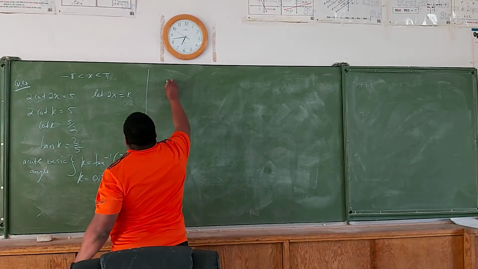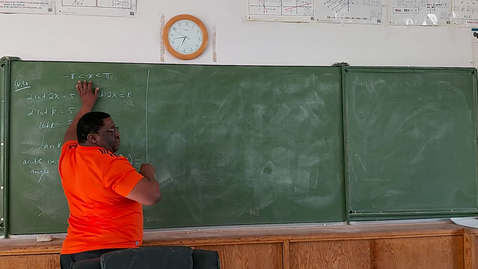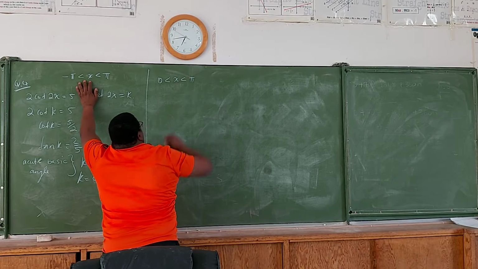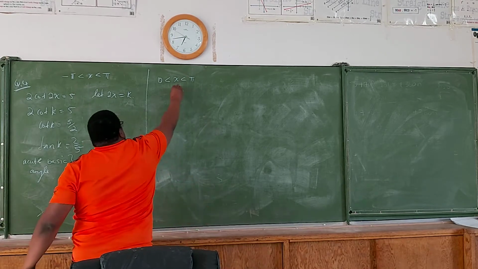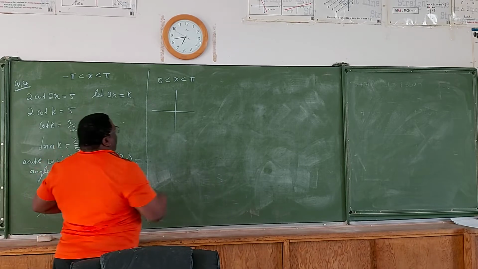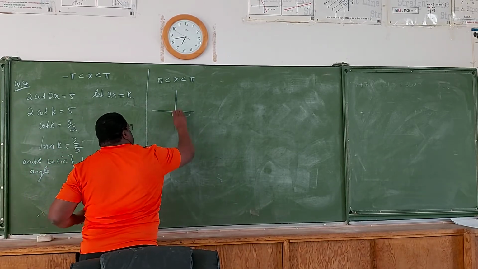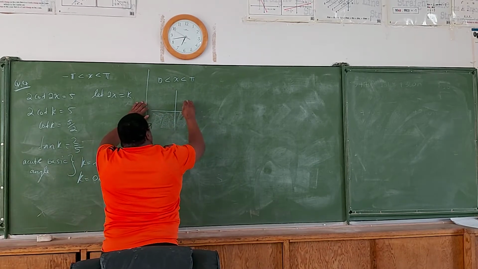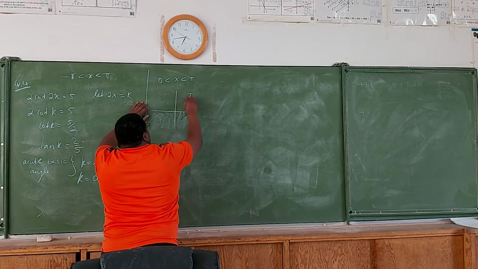Now let me come back to my domain. When I have positive values, that means 0 up to pi. The value of tangent is positive, but I'm only going to consider up to there, so this is not obviously included. Tangent is positive in this quadrant only, which is the first quadrant.